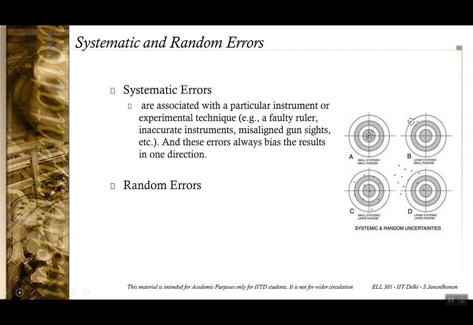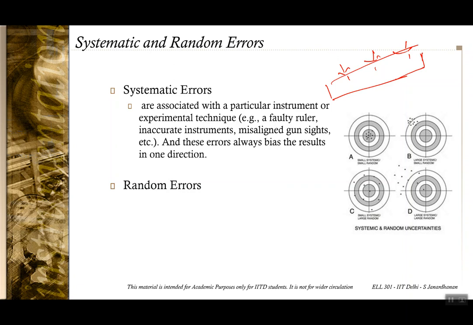They are caused due to a faulty instrument, or an inaccurately or imprecisely understood measurement technique. Say, for example, if you have a ruler in which the markings are improper, they are not exactly done, then your measurement is going to be faulty, wrong, and that is an example of a systematic error.